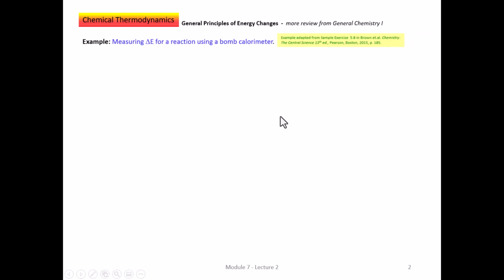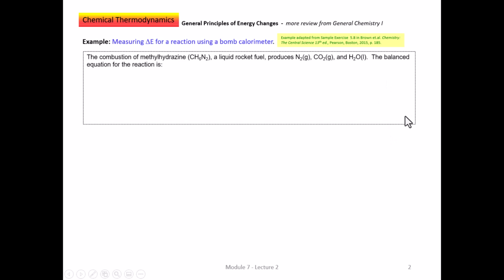So let's see how we might go about doing this, or at least calculating a delta E from experimental data that you could get from a bomb calorimeter. Suppose you wanted to measure the heat released, and thus the change in internal energy, for the combustion of methylhydrazine, which is a rocket fuel.